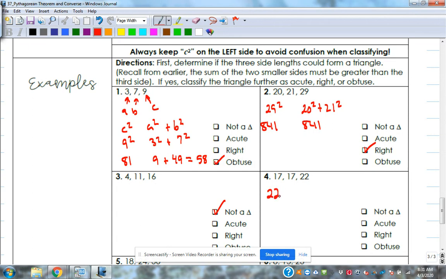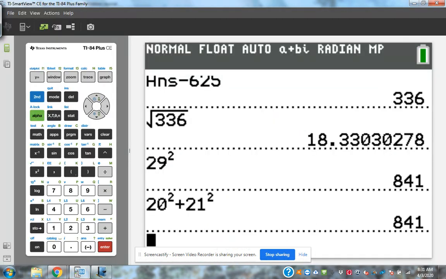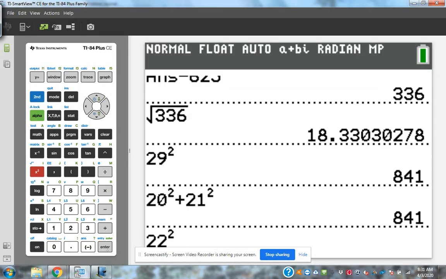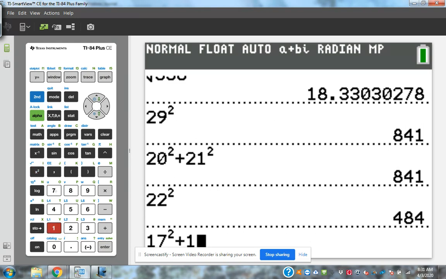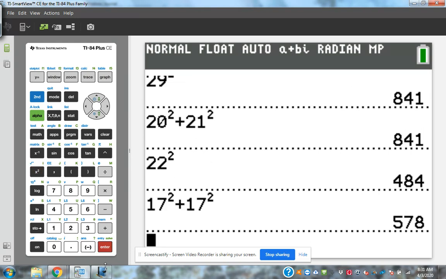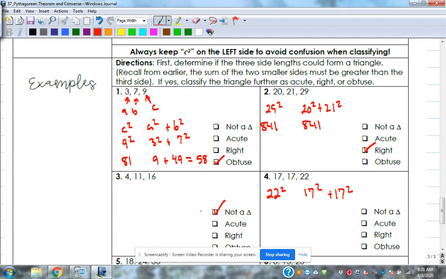So 22 squared, and then 17 squared plus 17 squared. 22 squared is 484, 17 squared plus 17 squared is 578. So 484 is less than 578. So that is an acute triangle.